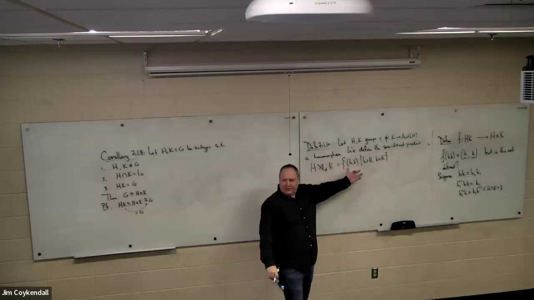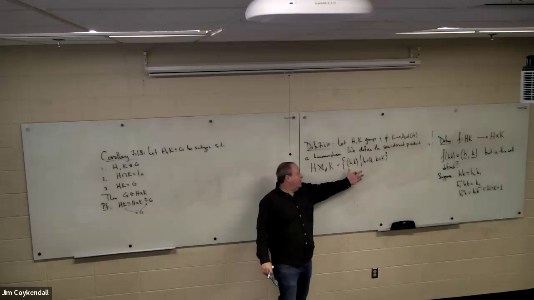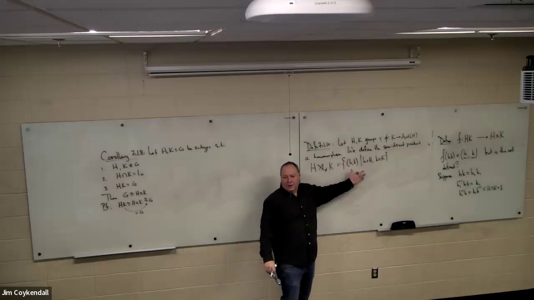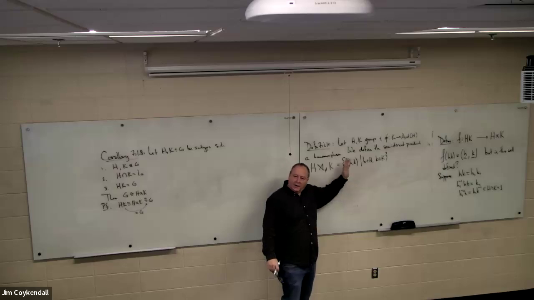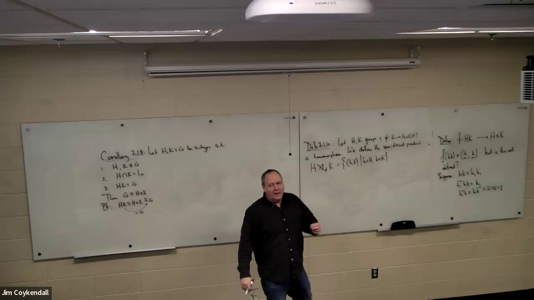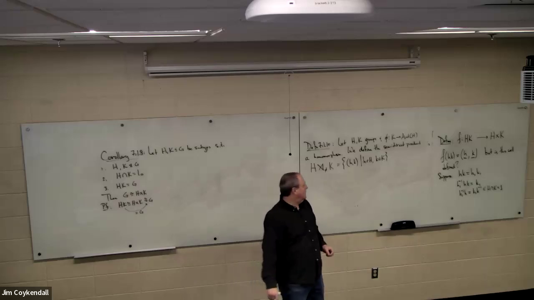So the underlying set of the semidirect product is exactly the same as the direct product. It's just all possible ordered pairs, first coordinate H, second coordinate K. But the way that I'm going to multiply them has a little twist to it.